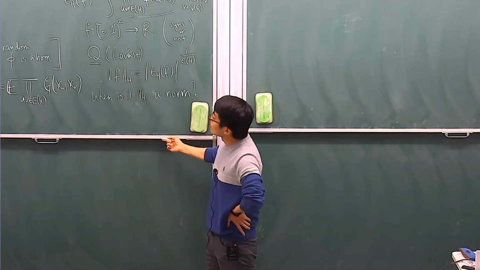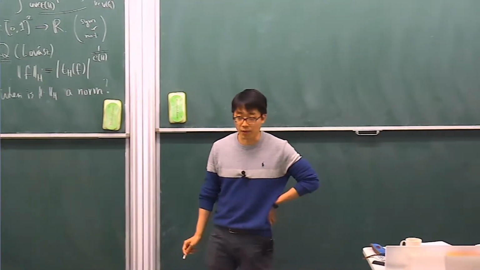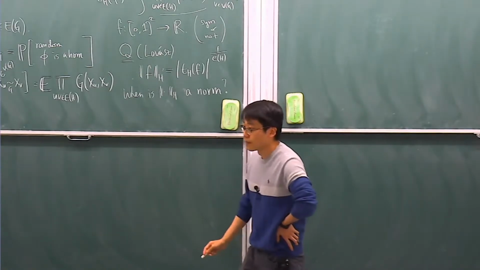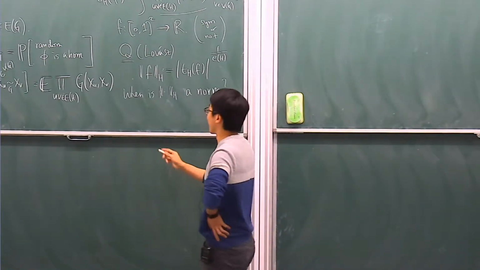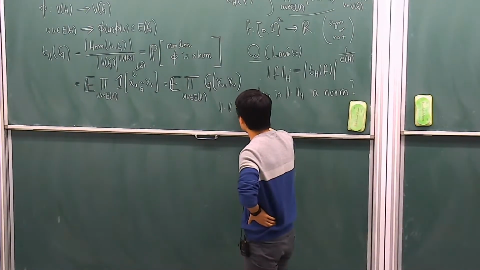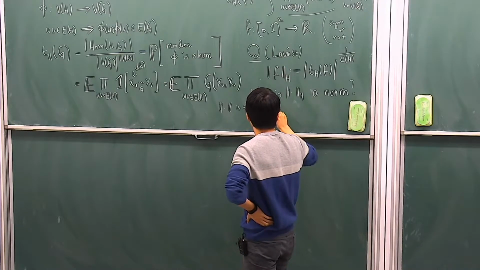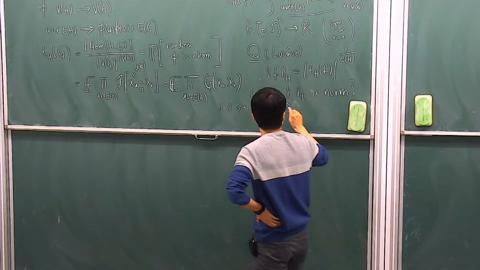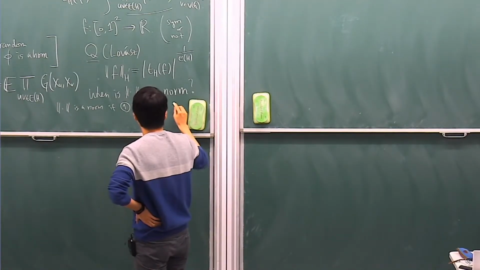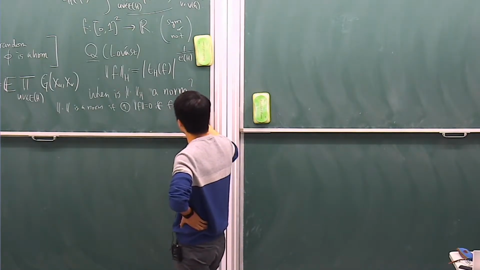This is the question, and you might wonder why it is interesting and worth studying. First, it reminds us what a norm would be. This is a norm if, by definition, first, it is 0 if and only if f is 0, and in this case I should put almost everywhere here.